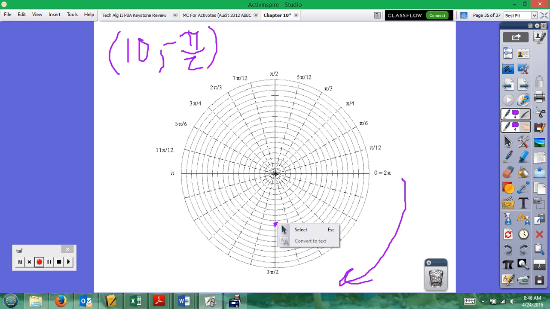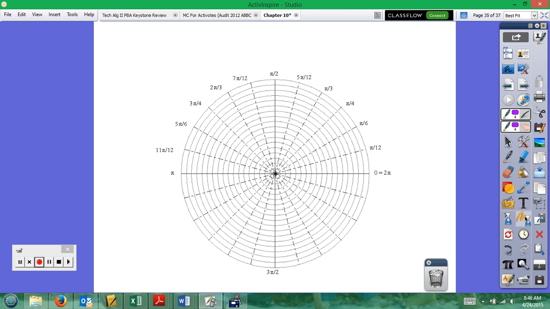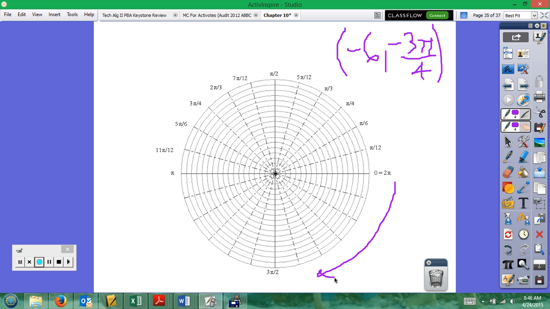What if it was a double negative? So let's say it was negative 6 comma negative 3 pi over 4. Let me find that angle first. Negative 3 pi over 4, this direction. Now 3 pi over 4 is over there at 135 degrees, so negative 3 pi over 4 would be right here. And then negative 6.